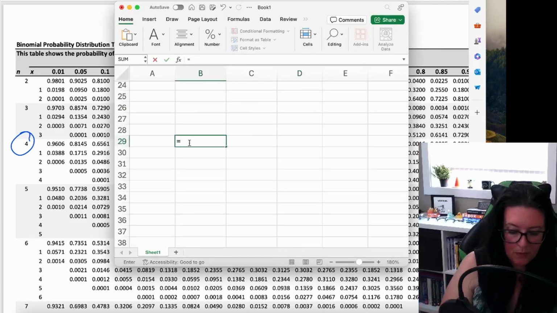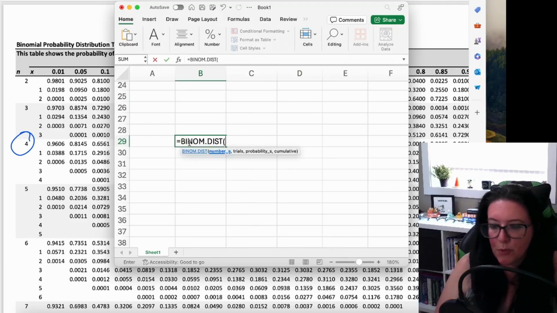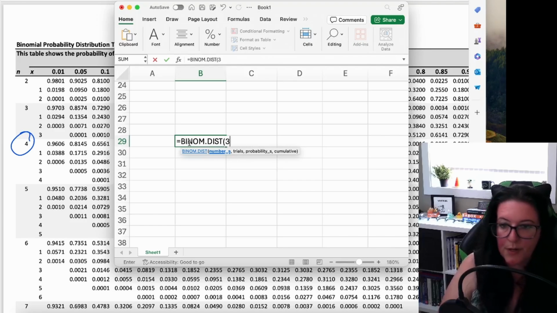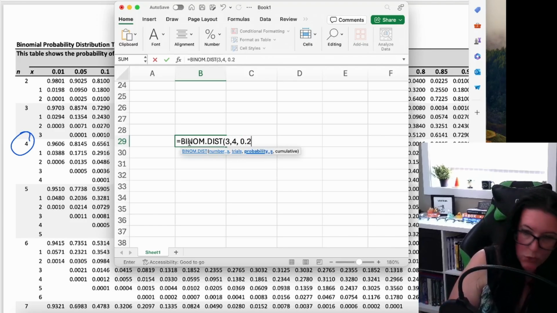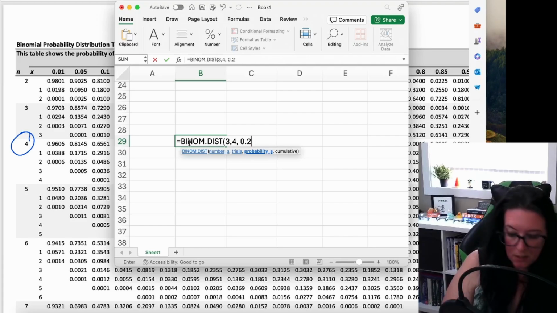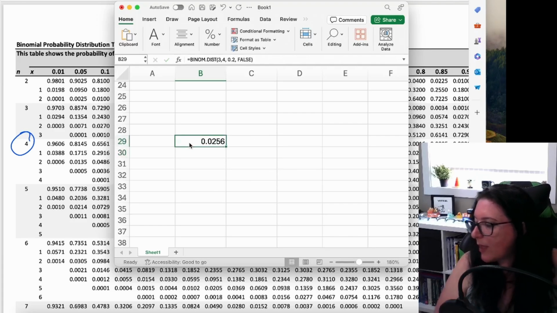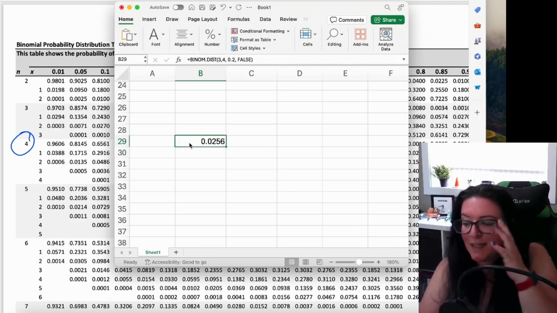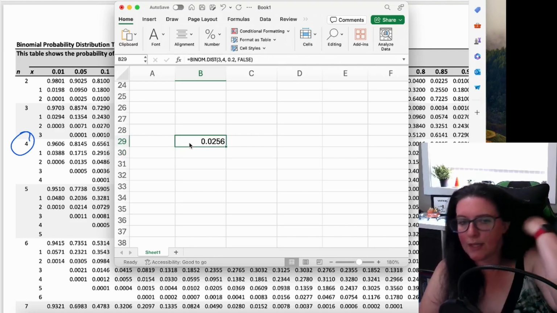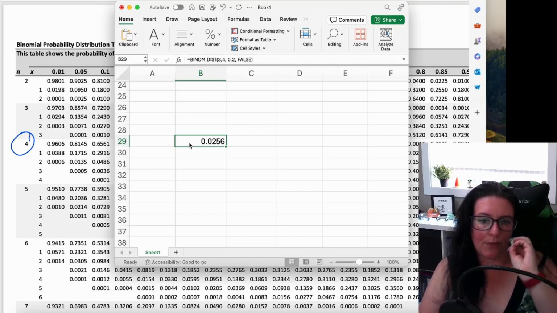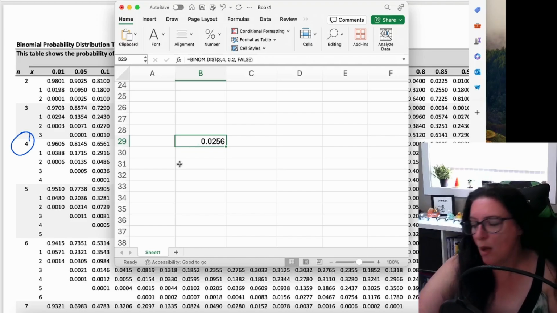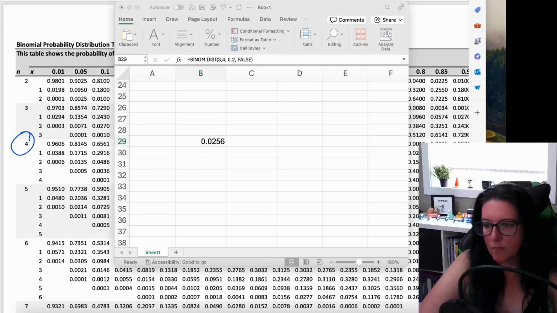Equals binom distribution, the number we're looking for is 3, trials is 4, probability is 0.2, comma false because we're doing the probability mass function. And we get that same 0.0256. So you can find the probability of 3 policies sold out of 4 prospective clients when the probability of a sale is 20%.